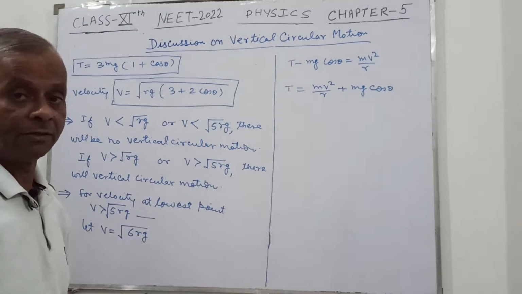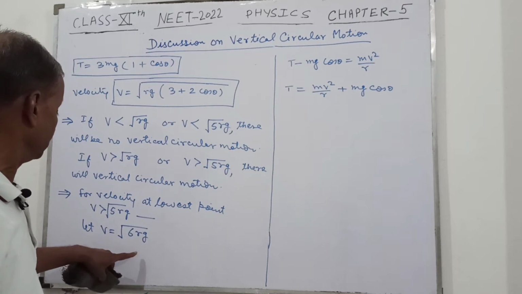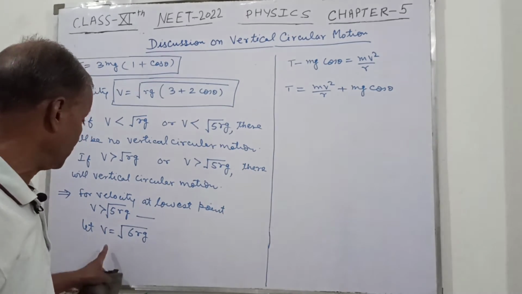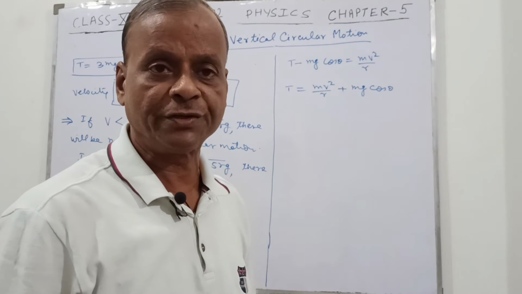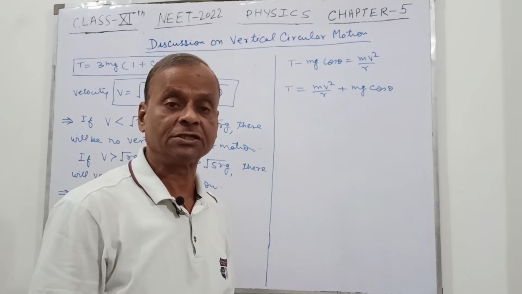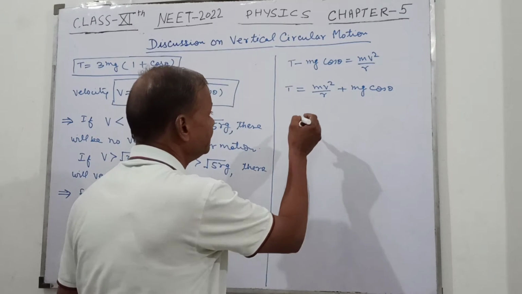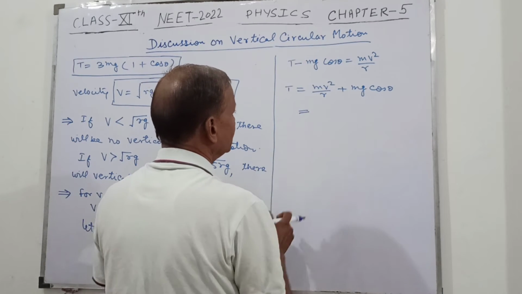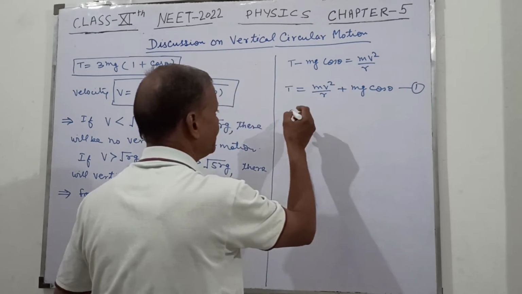Now the velocity, this velocity we have taken, that is more than this, square root of 6 rg. So apply the equation v square equal to u square plus 2as. The u will be square root of 6 rg, minus 2as, where the height is r into 1 minus cos theta.